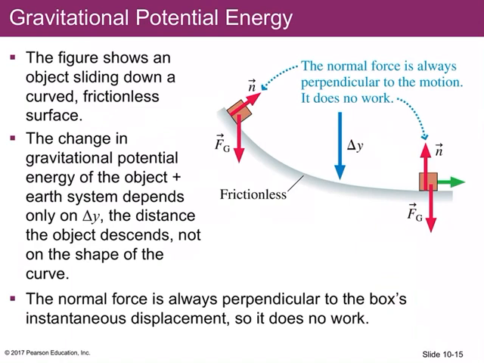So the change in the gravitational potential energy of the object and the earth depends on, again, this change of y value, okay? Because that is what is affecting potential energy. The distance the object descends, not the shape of the curve.